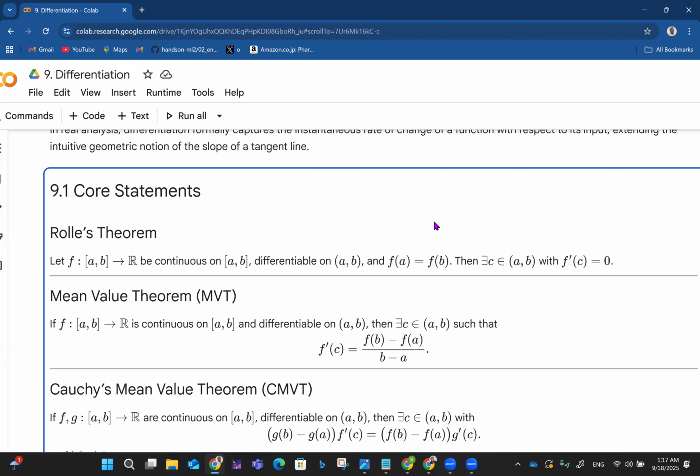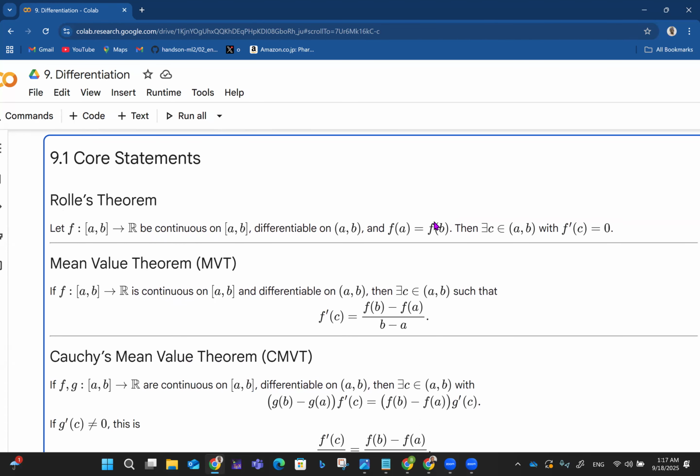For differentiation, there are some core statements in the realm of real analysis. First is Rolle's theorem.